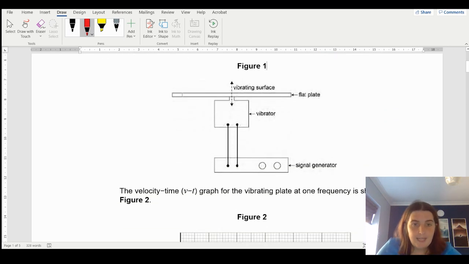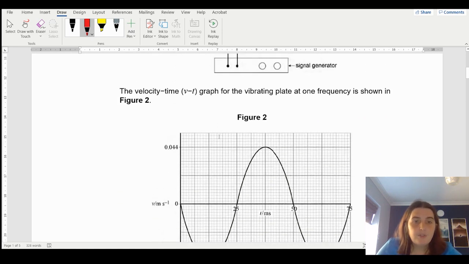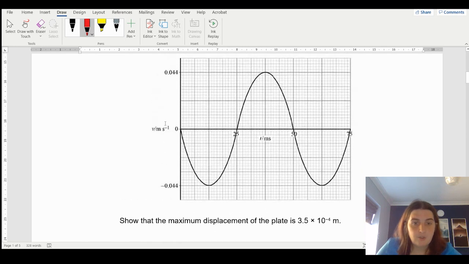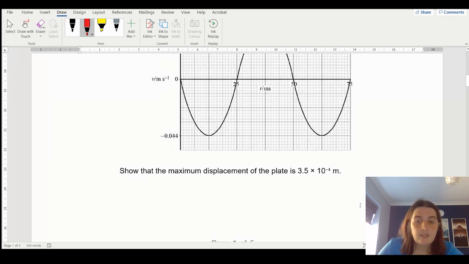So I've got a lovely plate here, and I've got a vibrator, and that's being forced. I'm forcing the oscillation, and I'm making this thing oscillate. The velocity time graph for the plate for one frequency is shown in figure 2 here. Show that the maximum displacement of the plate is 3.5 times 10 to the minus 4 meters.